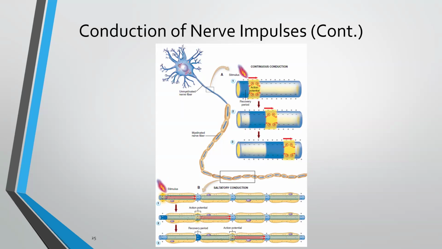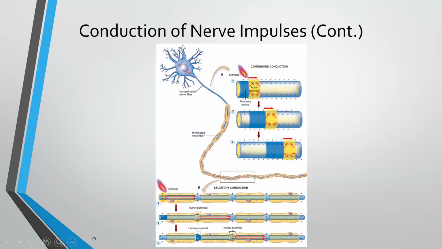The dark blue area of recovery during repolarization cannot be re-stimulated, so it prevents backward conduction. So if we see this dark blue behind the yellow, it doesn't matter what trigger or stimuli is given, this area cannot be triggered again, because we don't want that signal being confused and going back and forth. We just want that signal to go in one direction.